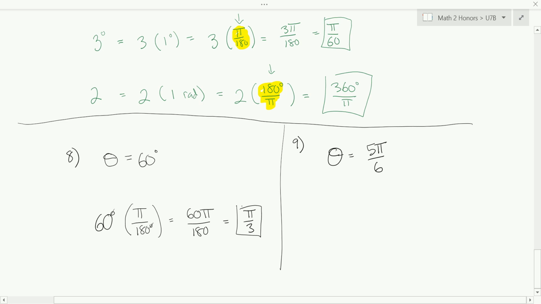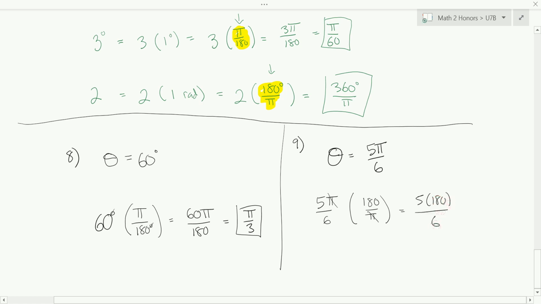And if I'm going the other direction, I have 5 pi over 6 radians. What do I multiply that by to convert to degrees? 180 over pi. And remember, we're doing this without a calculator. So let me just show you a couple tricks with that. So first of all, the pi, get rid of. And you've got 5 times 180 over 6.